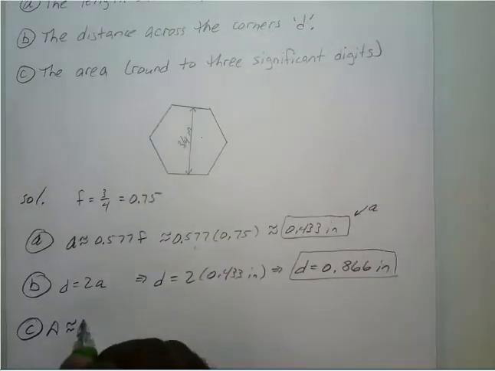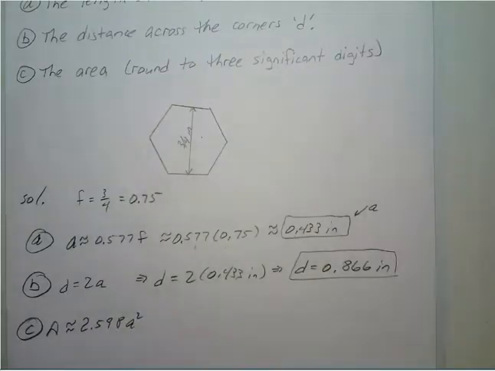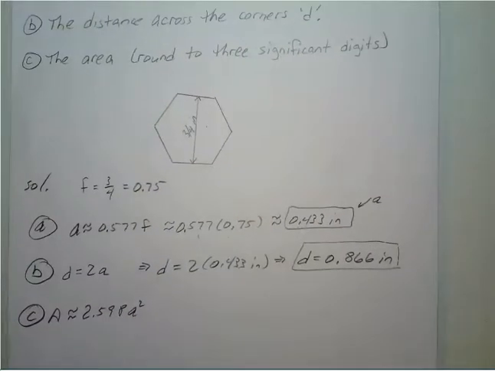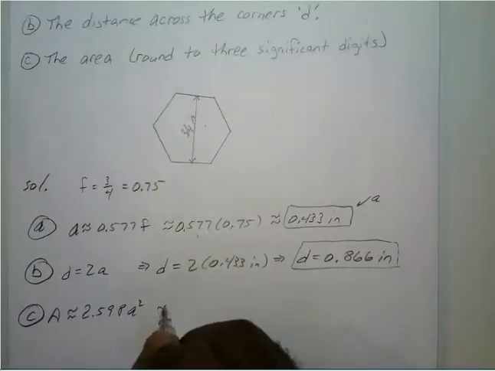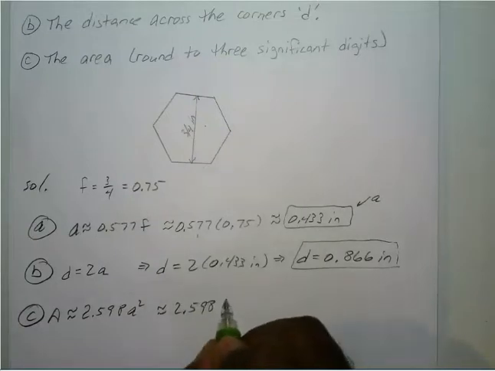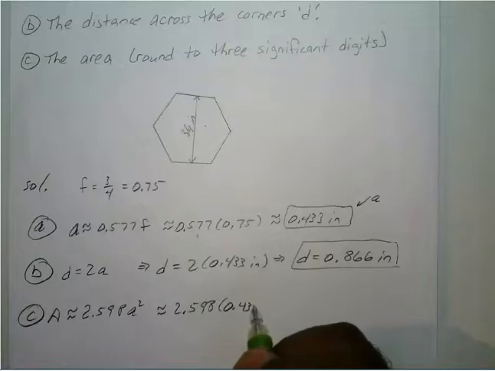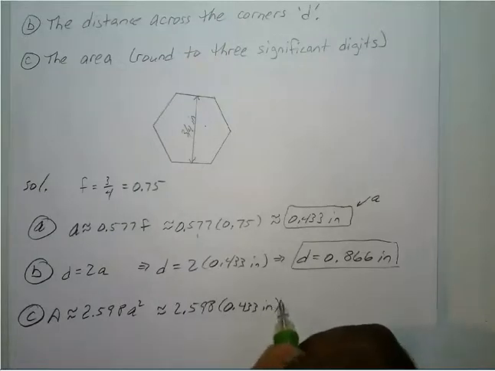Okay, so 2.598 times A squared. So we get 2.598 times A squared, so that's 0.433 inches squared.